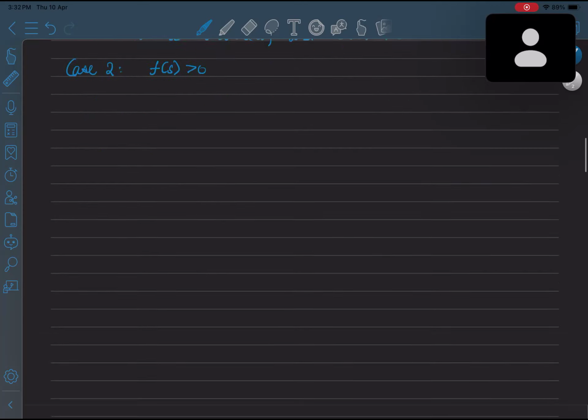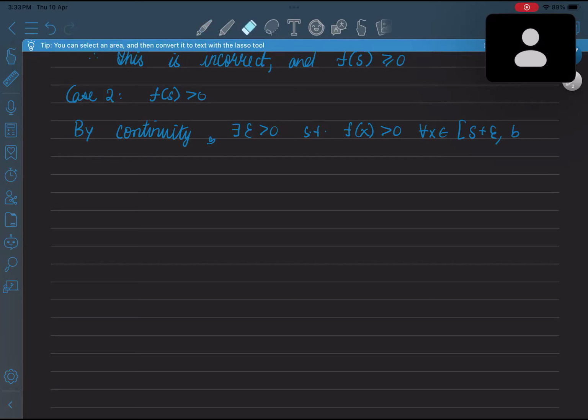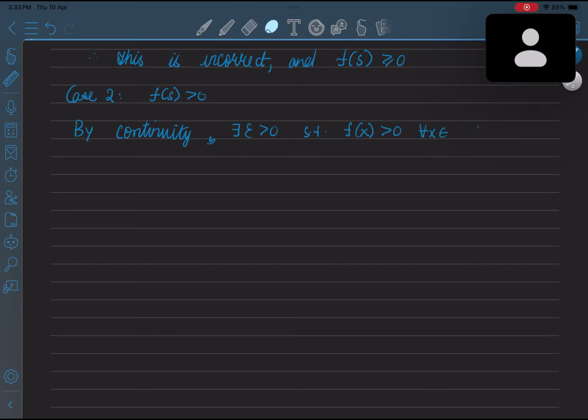And so by continuity, there exists an epsilon more than 0, for instance, such that f of x is more than 0 for all x in S minus epsilon to S, sorry.